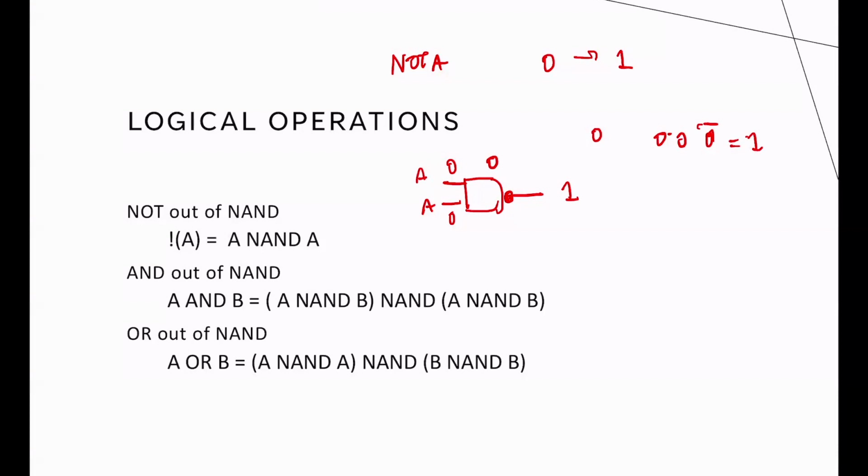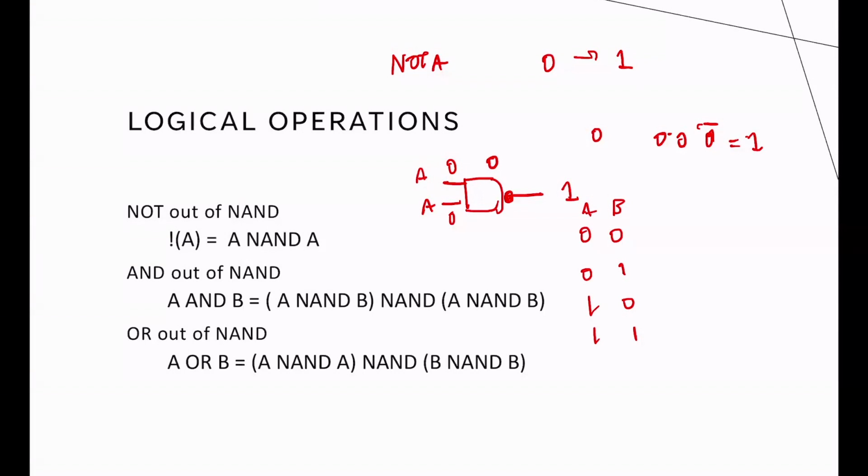So you can build a NOT gate out of just A NAND A, and you can build an AND gate as well. If you want to do A AND B, then you can just do A NAND B and then NAND that with A NAND B. So you can write it down in truth table form: if you have AB as 0, 0, 0, 1, 1, 0, and 1, 1, what is the output of each one?